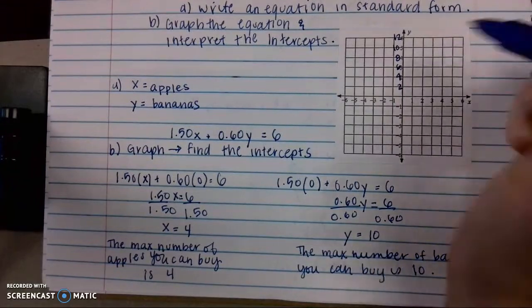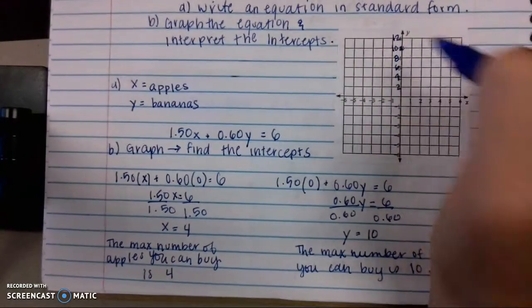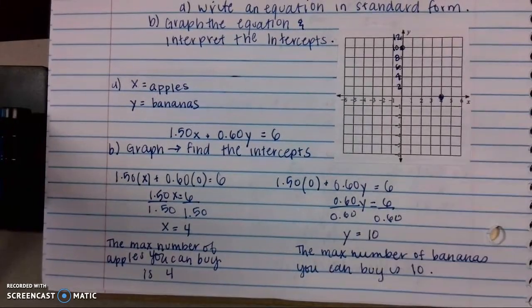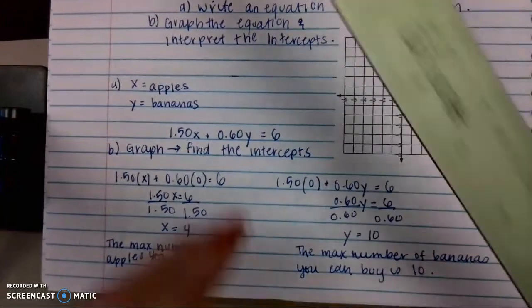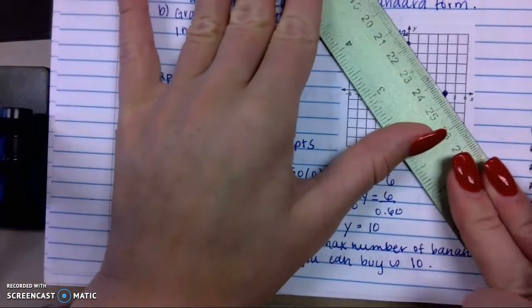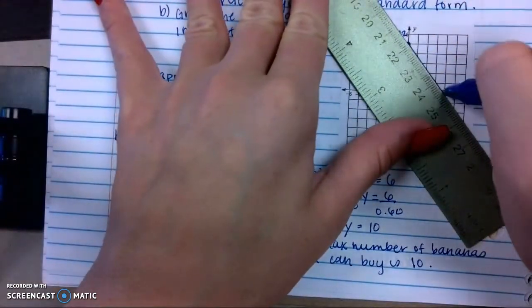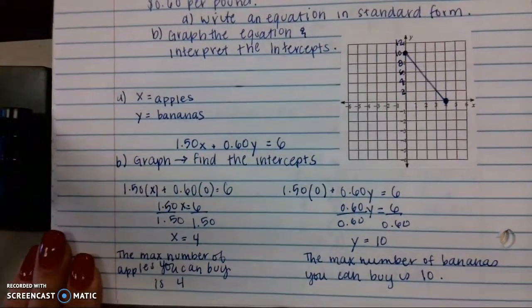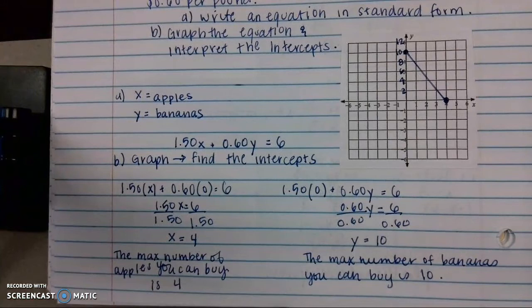So when y is equal to 10, I'm going to put a point. And then when x is equal to 4, I'm going to put a point. And then I'm going to draw a line connecting the 2 points, because does it make sense to have a negative amount of apples? No. Okay? So everything's going to stay in that first quadrant because everything is positive there.